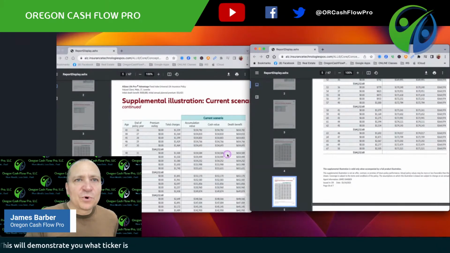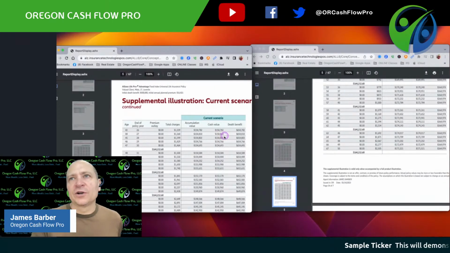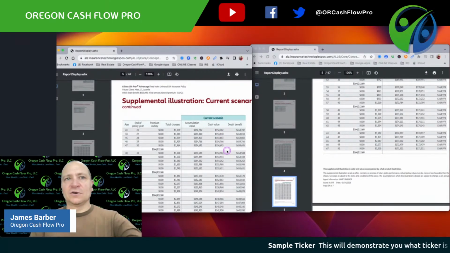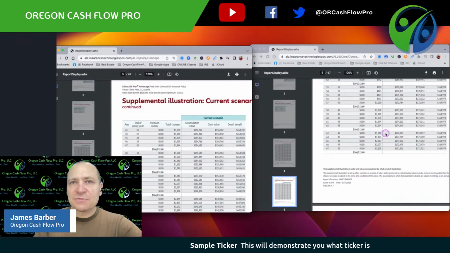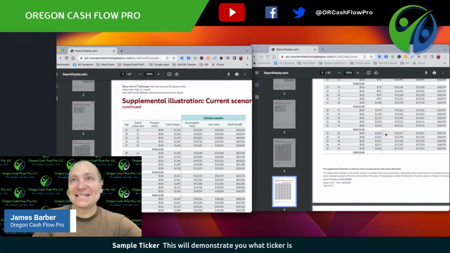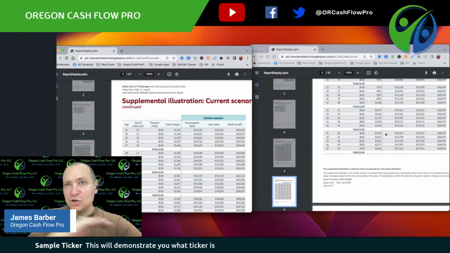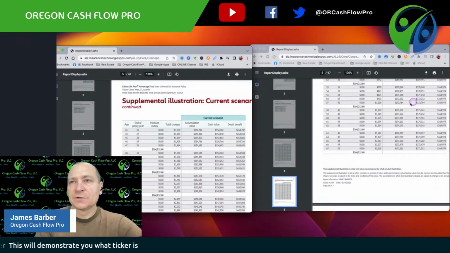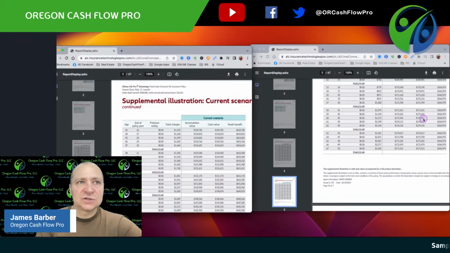This one topped out at age 44 at 154,000. So just by reducing the death benefit, we were able to extend the money that you put in there, even though there's no return in the index ever. We're able to extend that cash value so it peaks at age 62 instead of 48.